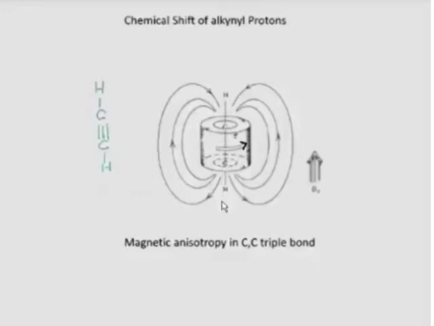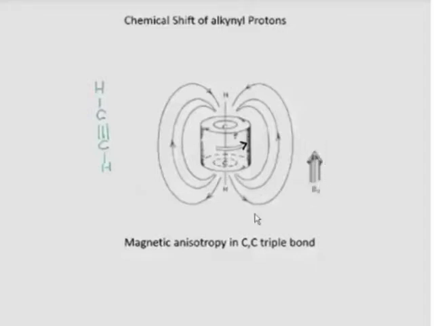Note that where that hydrogen is located, the secondary magnetic field lines through it are pointed down, so that the net magnetic field experienced by this alkynyl hydrogen is the difference between the secondary field line and the applied external field.